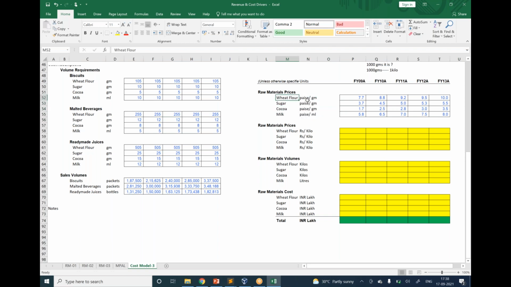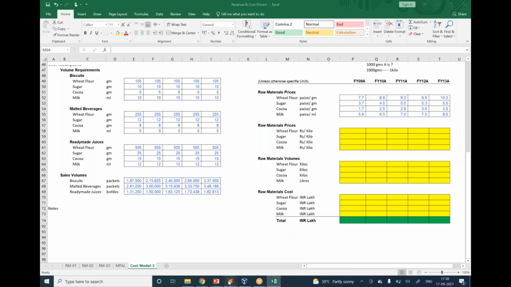The pricing for wheat per gram is 7.7 paisa. Sugar is 3.7, cocoa is 1.7, milk is 5.8. So when you went to a vendor, they told these are the prices. Okay. Prices are okay.